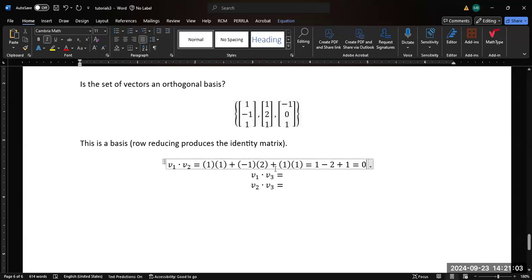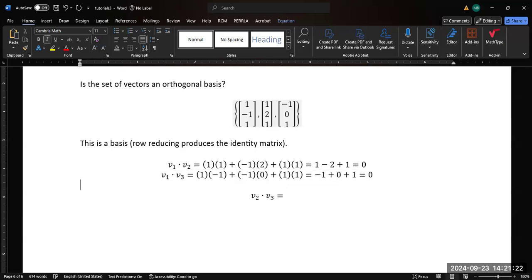And if we do V1 and V3, we're going to get 1 times -1 plus -1 times 0 plus 1 times 1, which is -1 plus 0 plus 1, which is 0.